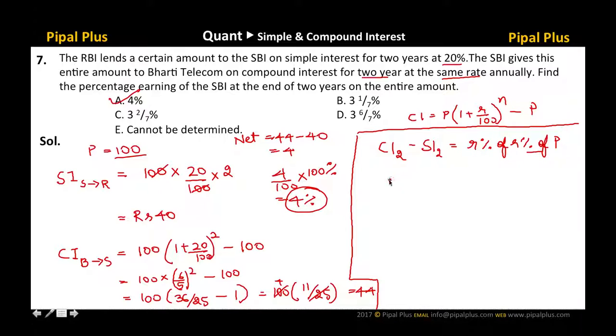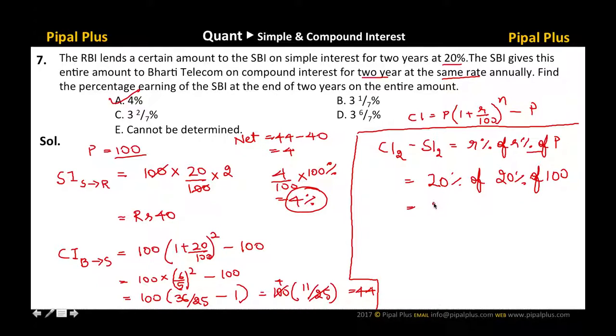So based on this, the difference equals R%, which is 20%, of 20% of P. In this case, let's say P is 100, right? So what we get is 1 by 5 into 1 by 5 into 100.